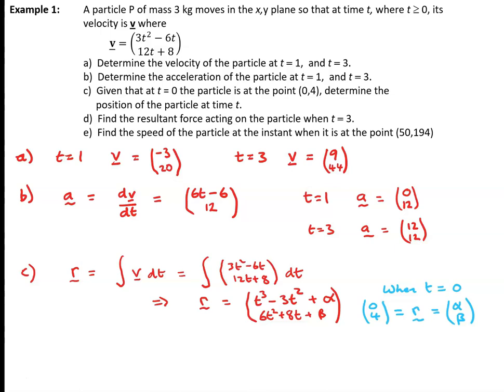So we know that (0, 4) has got to be the value of the vector (alpha, beta). In other words, alpha must equal 0 and beta must equal 4. So that now tells me that the expression for the displacement is t cubed minus 3t squared, 6t squared plus 8t plus 4.